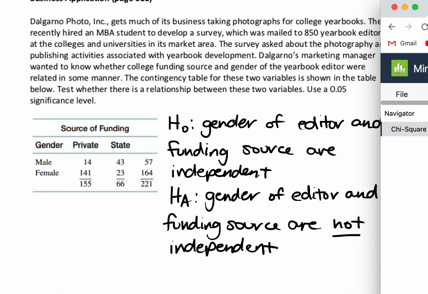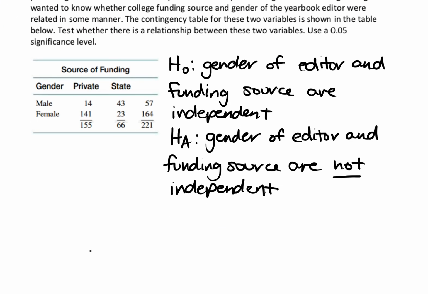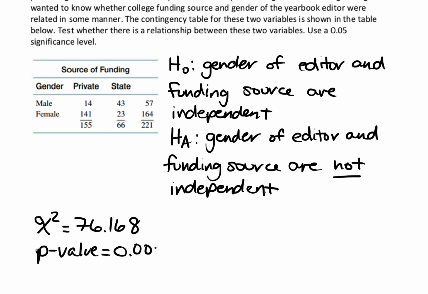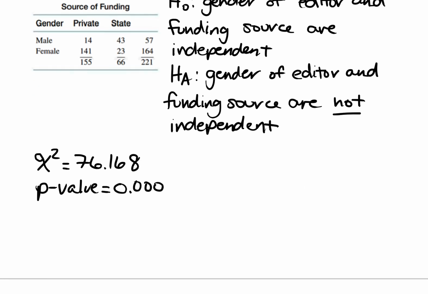So my chi-square value, again, you're going to need to put that into the homework. And then my p-value of 0.000. And so comparing that to my alpha of 0.05, p is less than alpha.